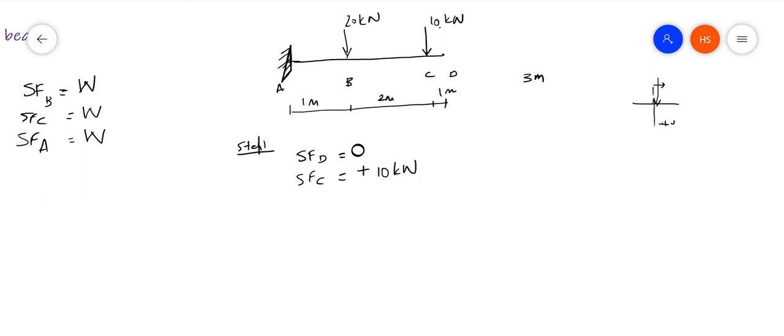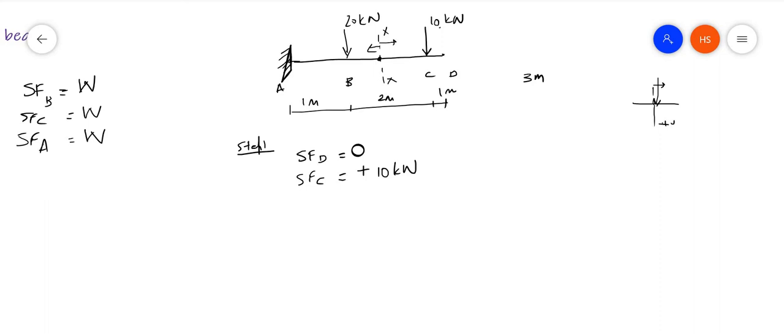Now again, I am considering another section here, an arbitrary section. What is the shear force at this point? Let it be XX. Either I can consider the forces to the left or to the right. For a cantilever beam I am taking only the forces to the right. So what are the forces here? Only 10 kilonewton.